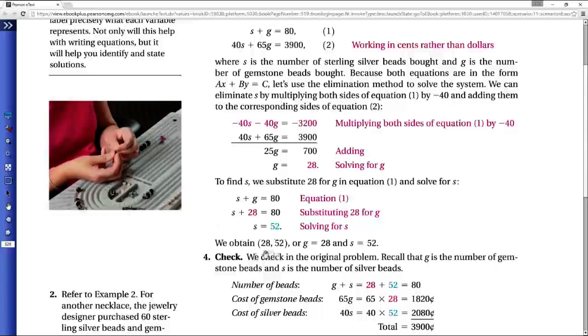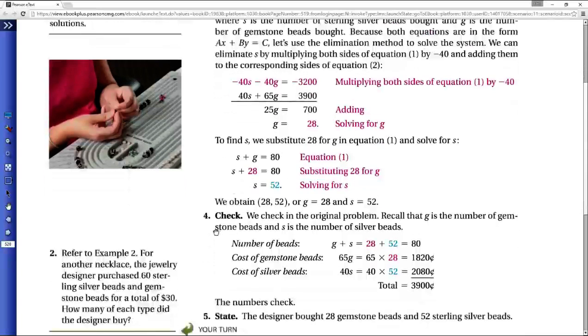We can represent that with an ordered pair, or probably better in this case, because I don't know why you'd decide to put the gemstone ones to the left, as part of your domain, and these as part of your range, it would be better to define the variables. In this case, G is equal to 28 and S is equal to 52.